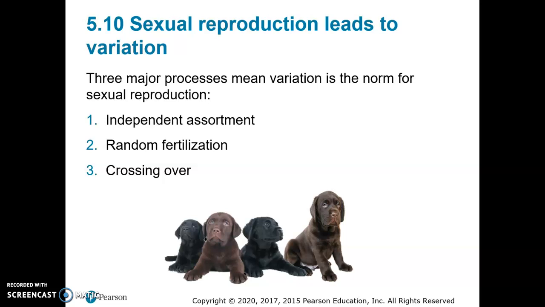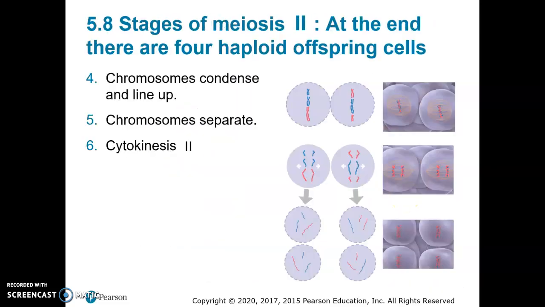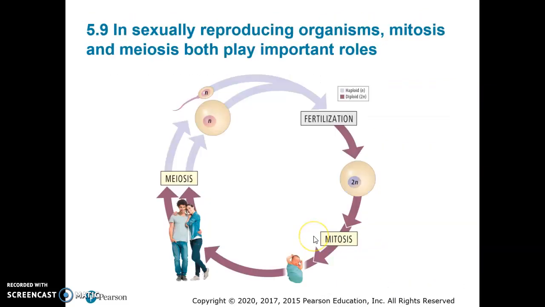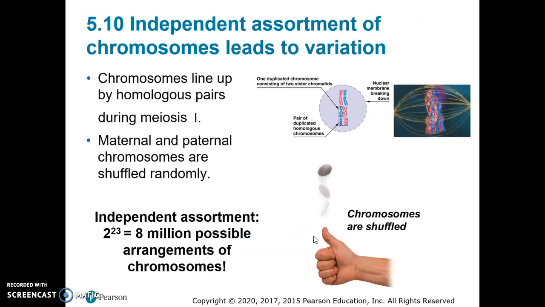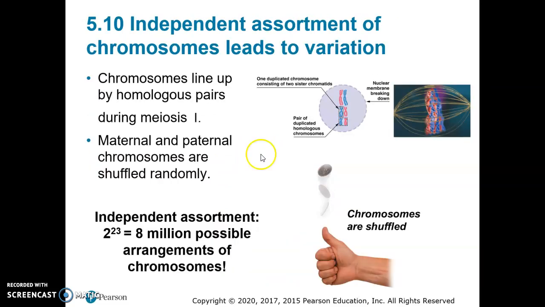And then random fertilization. So which of those 4 eggs are actually going to be the one that gets fertilized? And a process called crossing over. So I think that we're going to look at those more specifically, and so we'll start with independent assortment.